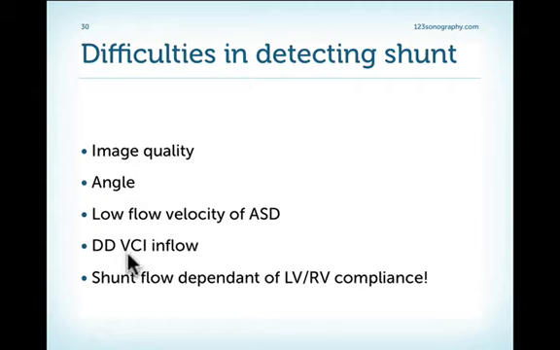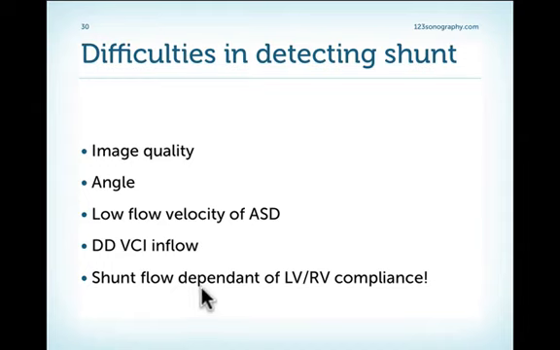There may be problems with a predominant inflow from the inferior vena cava, and this can frequently cause misdiagnosis of an ASD, but can be avoided by careful positioning of the transducer and looking carefully at the flow, whether it's really coming from the left atrium or whether it's only parallel to the septum, coming from the IVC up to the tricuspid valve.